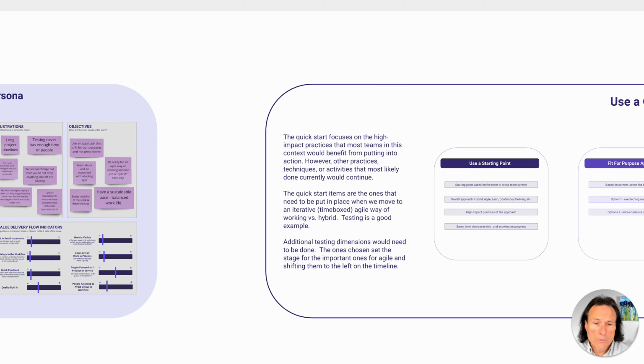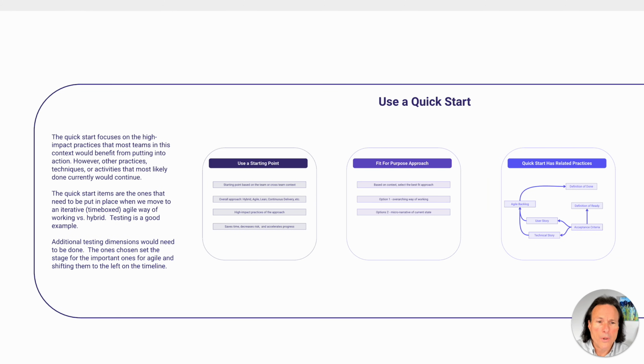So next, we will use a starting point. And for those of you that are familiar with Disciplined Agile, it is a pretty sizable knowledge base of Agile and Lean practices, as well as value stream management practices, and a lot of other wonderful content.